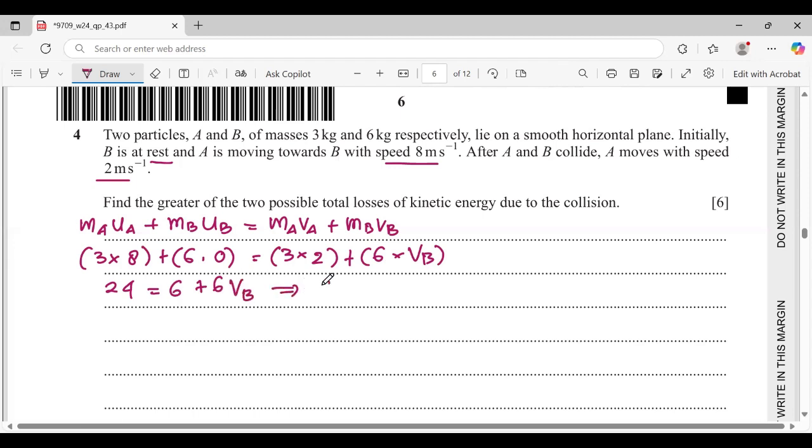So 6 VB equals 18, because 24 minus 6. So the velocity of B after collision is 3 meters per second.